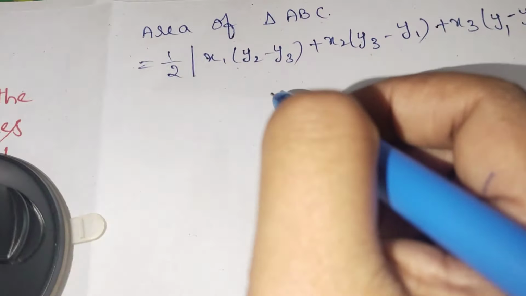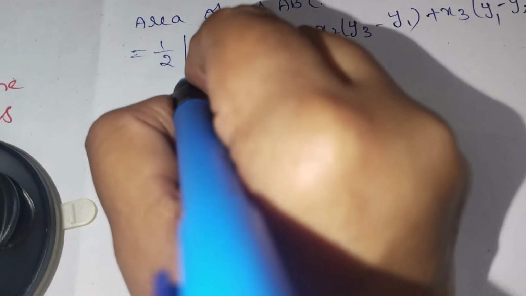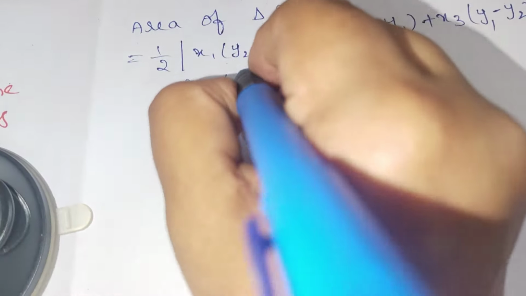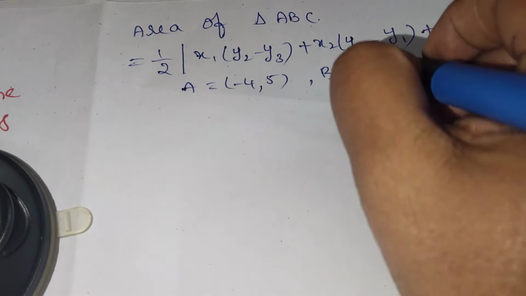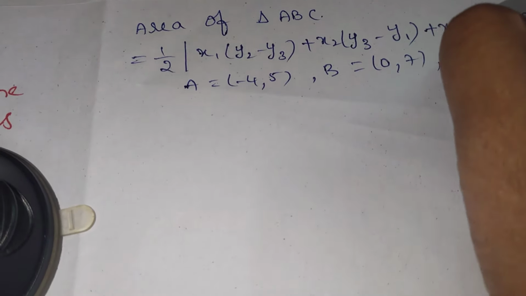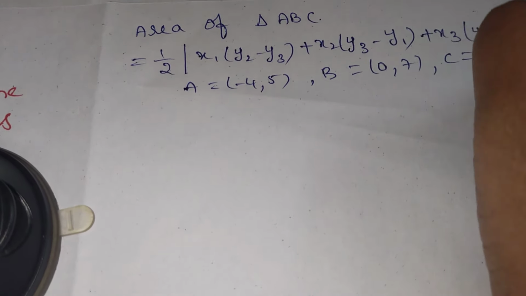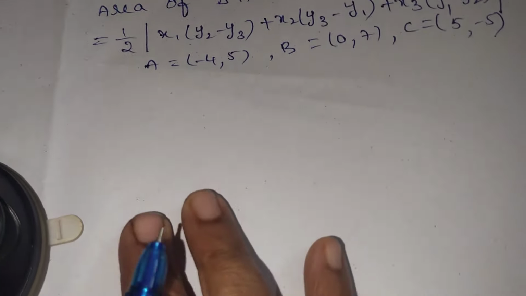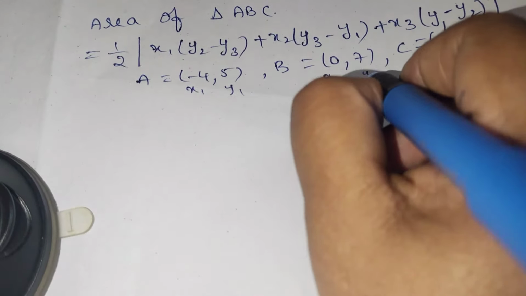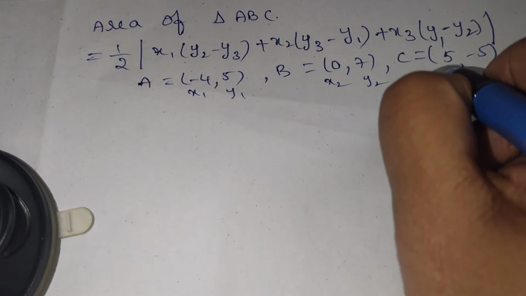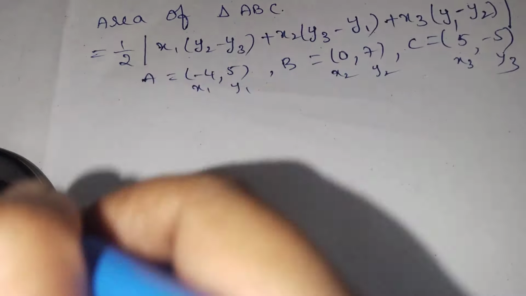Now write point A, point B, point C. A is minus 4 comma 5, B is 0 comma 7, C is 5 comma minus 5. Now identify them as x1 y1, x2 y2 and x3 y3.